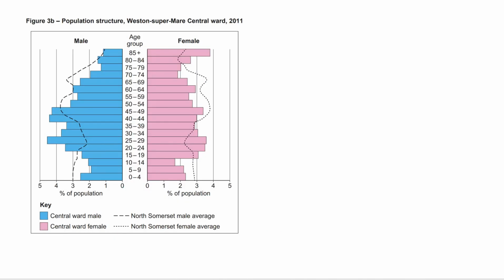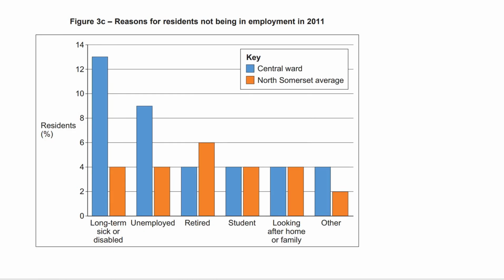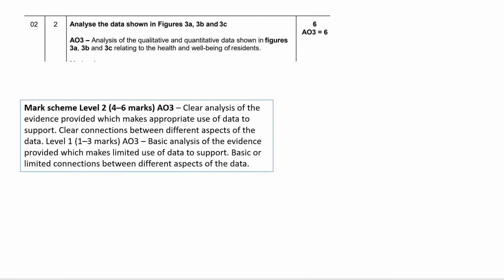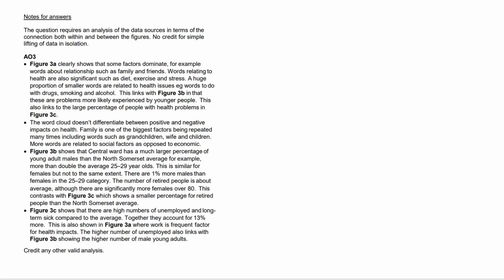Then you've obviously got your demographics, which you can utilise, and you've got the reasons for residents not being in employment. So have a go again at this question. Remember your structure, it needs a clear conclusion, and as this is an AO3, it's got to be incredibly data rich whilst showing information and comparing and contrasting between all three figures.